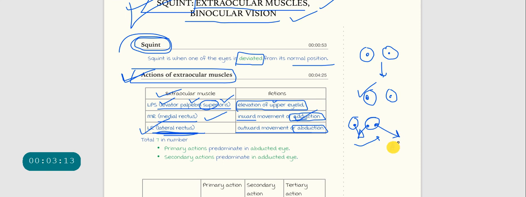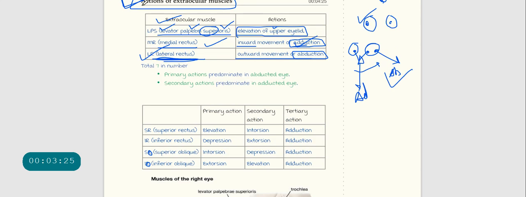When both the eyes move inward, this is adduction, and when both the eyes move in opposite directions, this is abduction. So these were the three muscles. Now totally there are 7 muscles. So what remaining muscles are present? These are superior rectus, inferior rectus, superior oblique and inferior oblique.